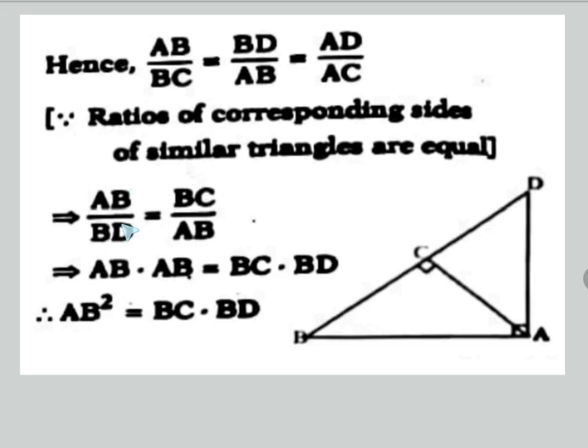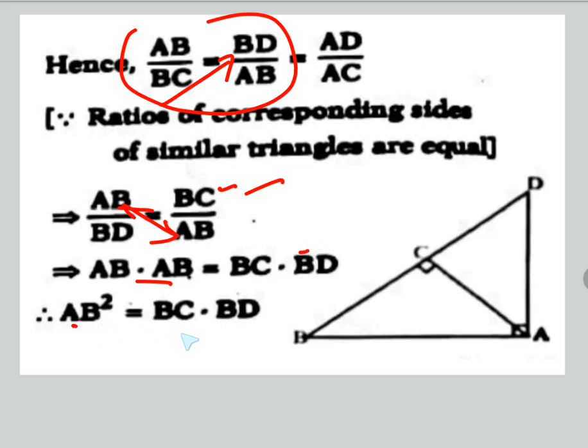From this, take AB by BD is equal to BC by AB. So AB into AB is equal to BC into BD. So AB square is equal to BC into BD.